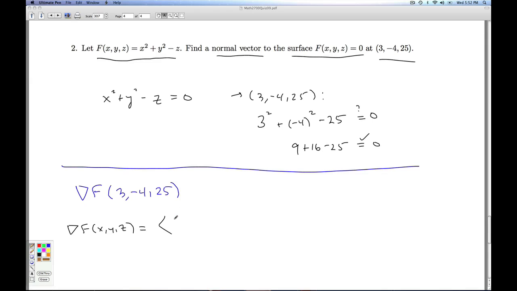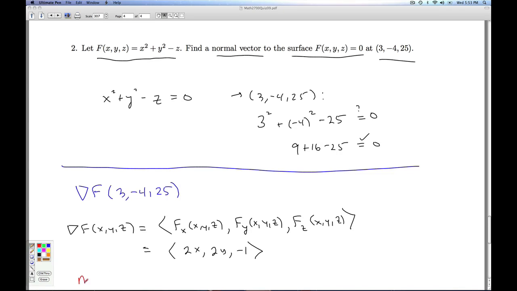So I take the partial derivative of f with respect to x, then the partial derivative of f with respect to y, and the partial derivative of f with respect to z. So this is just the natural extension of the gradient in 2 dimensions. So I get 2x, 2y, negative 1.